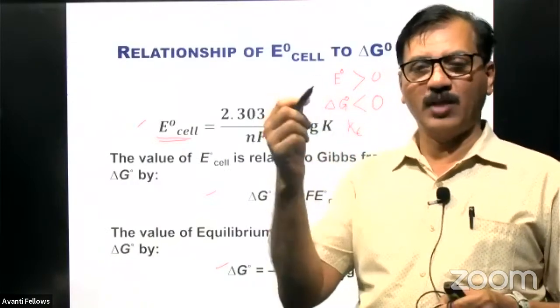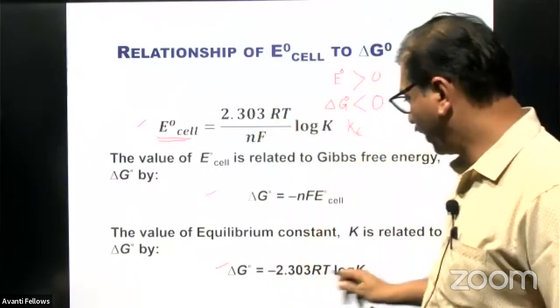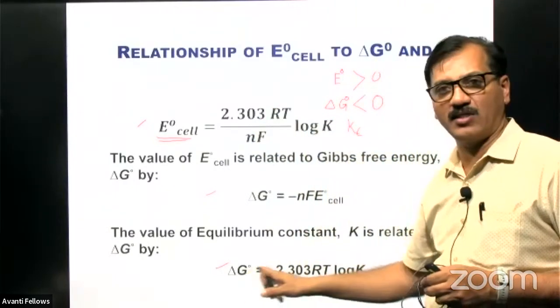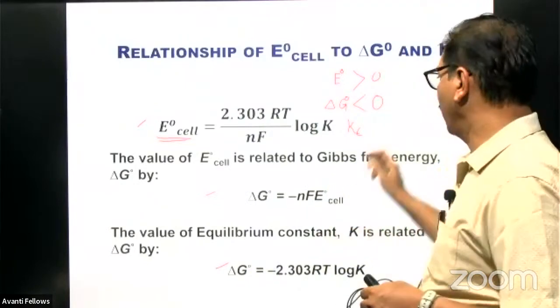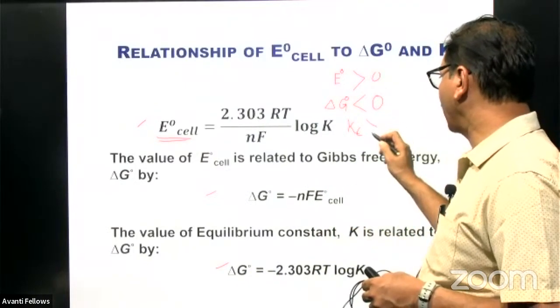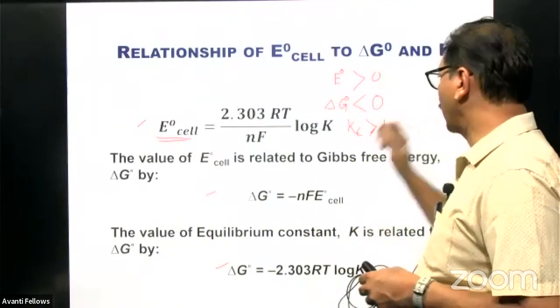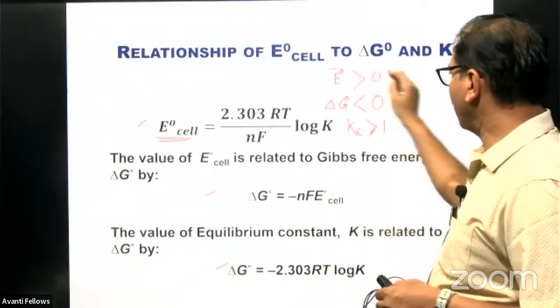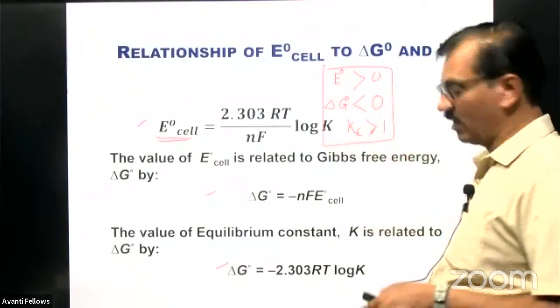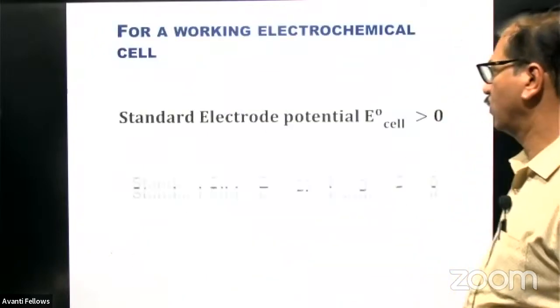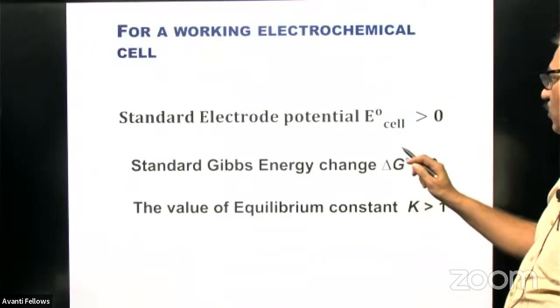Log of 10 to the power minus 1 is minus 1. Negative into negative becomes positive, so delta G0 becomes positive. Therefore, Kc should be greater than 1. So these are the conditions for a working electrochemical cell.